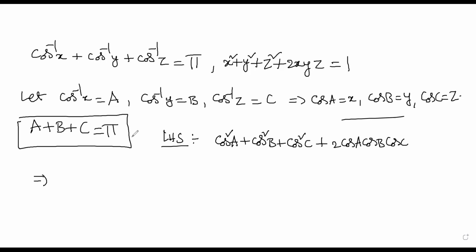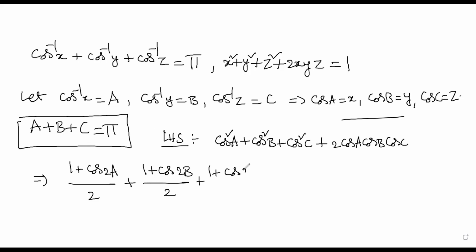I'll tell you. If a plus b plus c is pi, we will do this. Cos square a is (1 plus cos 2a) whole divided by 2, plus (1 plus cos 2b) whole divided by 2, plus (1 plus cos 2c) whole divided by 2, plus 2 cos a cos b cos c.